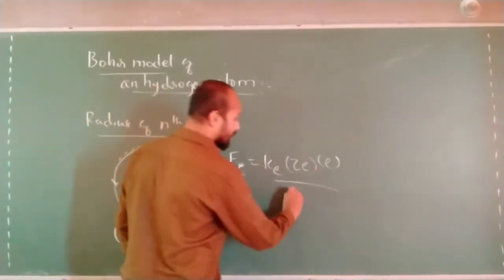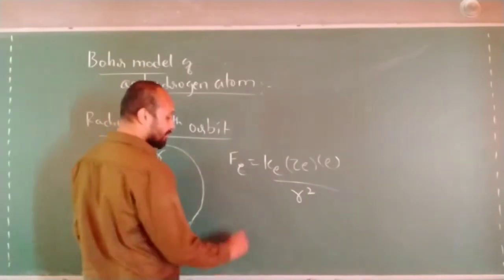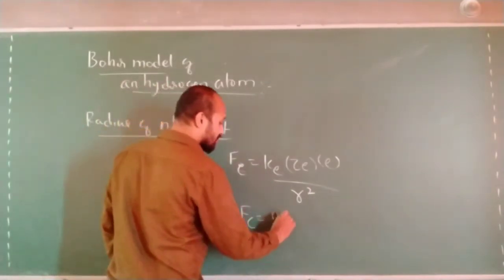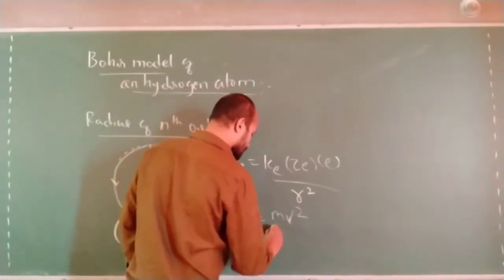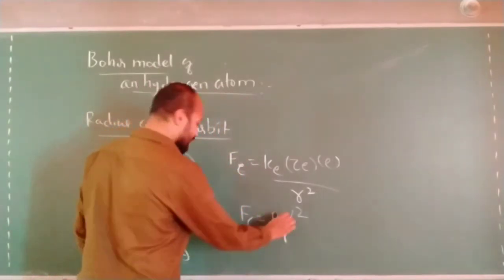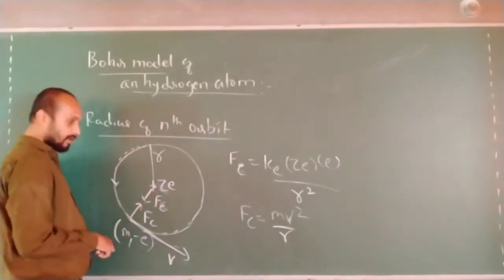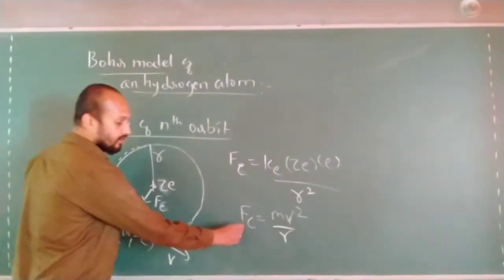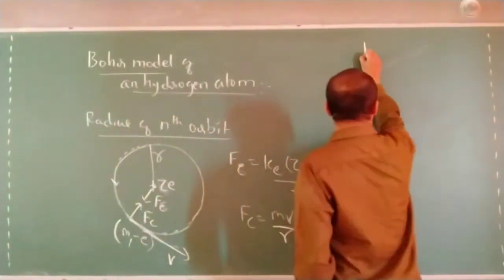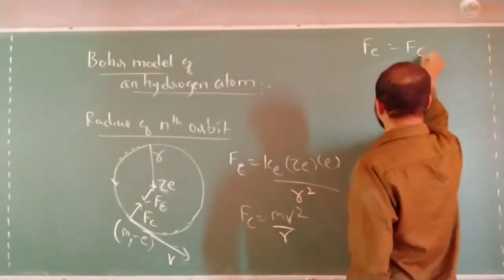And Fc becomes mv squared by r, where v is the tangential velocity, r is the radius of the path, and m is the mass of the electron. Both have to be equal, so Fe equals Fc.